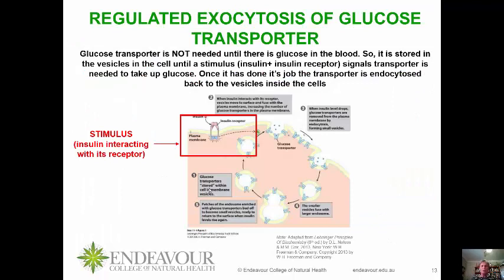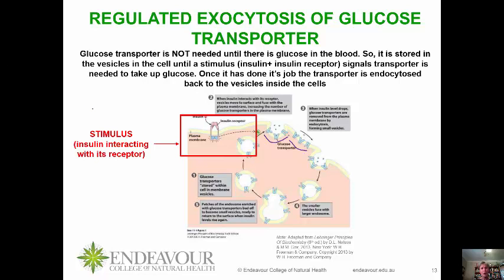An example of regulated exocytosis is with glucose transporters. Remember we did the glucose transporter when we did, if you remember, what type of transport? It was passive, and it was facilitated carrier. So what happens there, the glucose transporter is not required. So here are your glucose transporters here. Now they are not required until there is glucose in the blood.